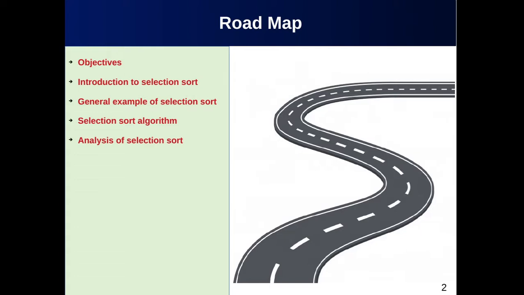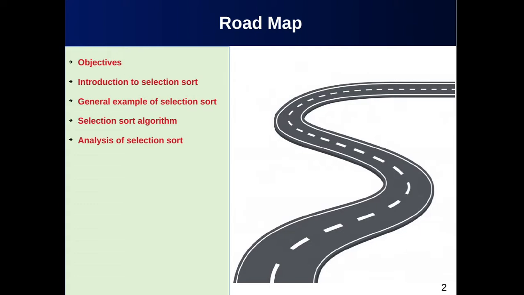We will be starting as usual with the objectives, what we expect at the end of this lecture. So at the end of this lecture, the student will be able to understand the theoretical aspect of the selection sort algorithm, the algorithm itself, and finally, we will analyze the running time of the selection sort algorithm.